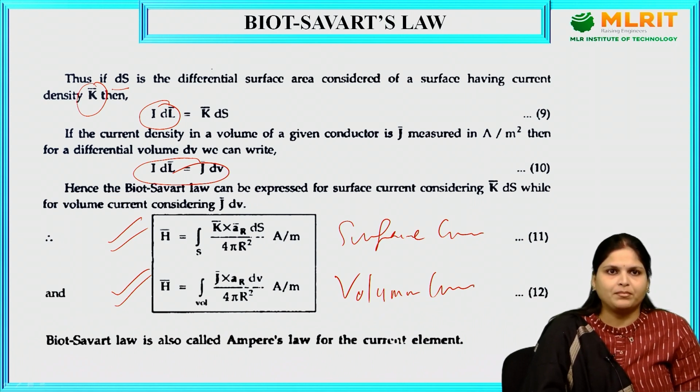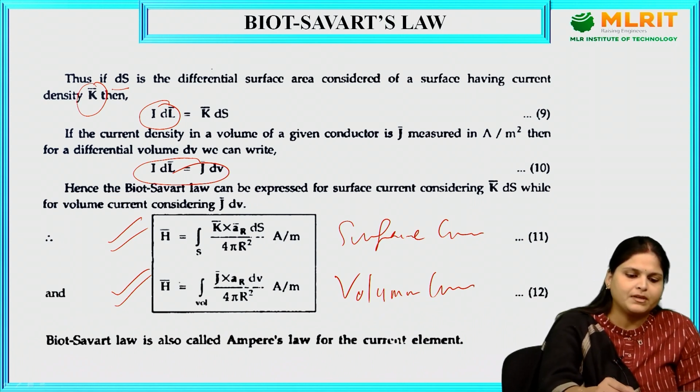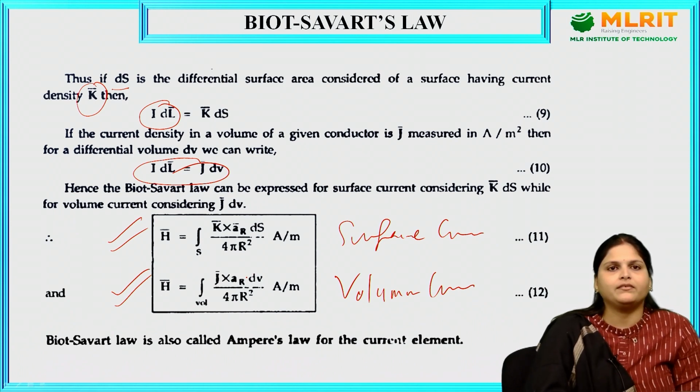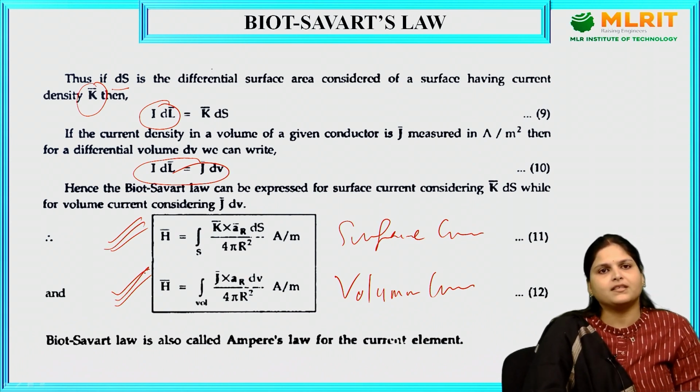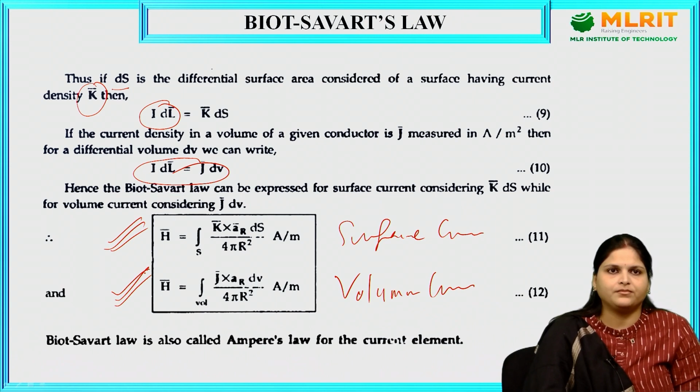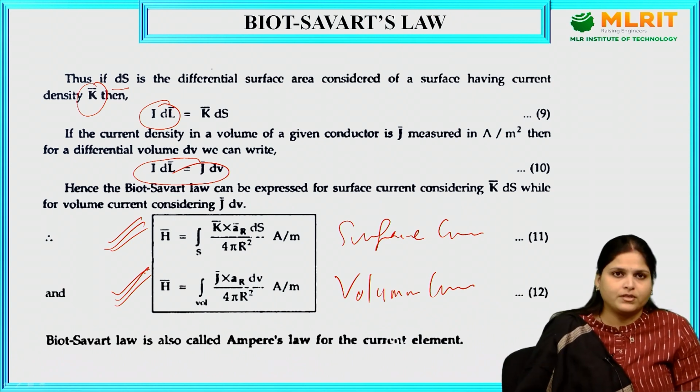The unit is ampere per meter. For volume current, H is the integration of J cross aR dV upon 4 pi R square. So basically we have got these three formulas, one for line current, another for surface current, and the third for volume current. So, this was about BIOT-SAVART'S law.